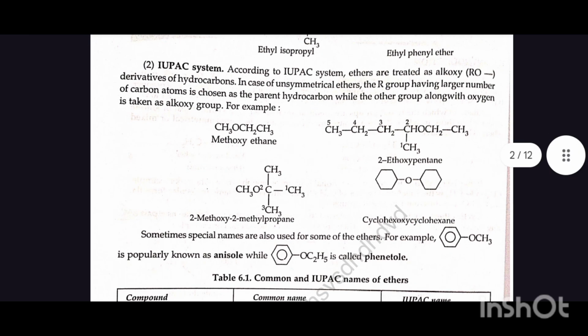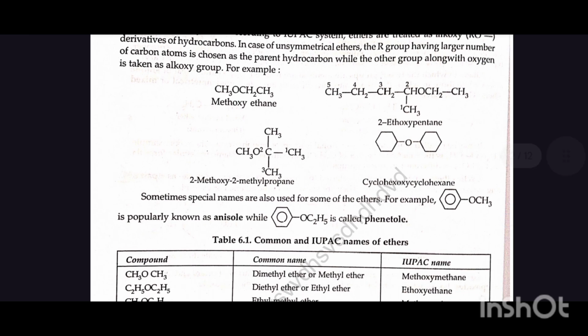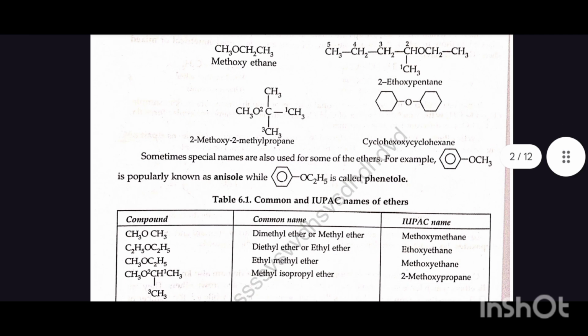For example, methoxyethane, 2-ethoxypentane, 2-methoxy-2-methylpropane, methoxycyclohexane. Sometimes special names are used for some of the ethers, for example, anisole and phenetole.